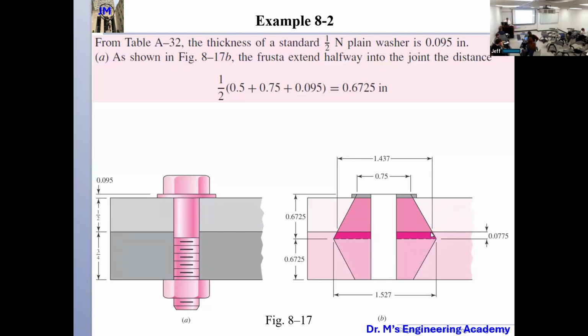This is needed because in the equation we need to know the D, okay? So you can see this equation.